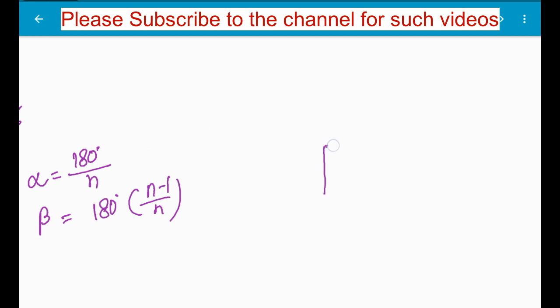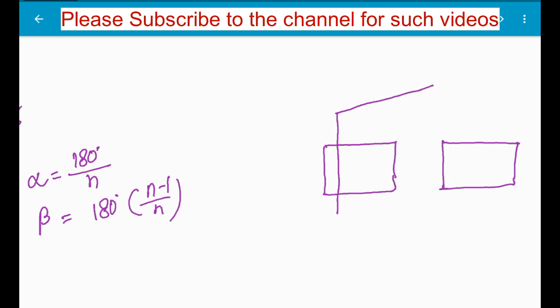So what is alpha and beta? Suppose this one is one pole and this one is another pole. And this one is one conductor and this one is another conductor. So this angle is totally 180 degree. This is a full pitched coil.